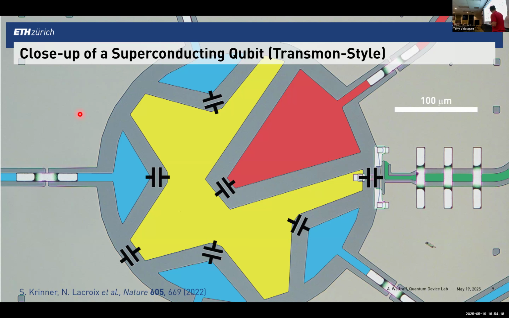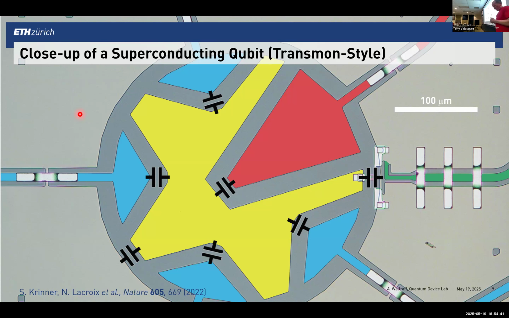If there were no connections in these ground planes, the currents would flow quite differently, and in particular, they would create extra inductances, and those would change the parameters of these qubits. So when these were designed, we figured that it was more reliable this way. But in the end, it doesn't make a big difference.